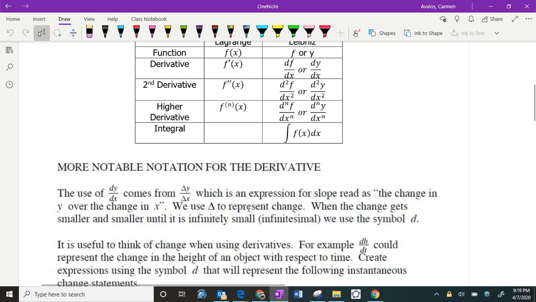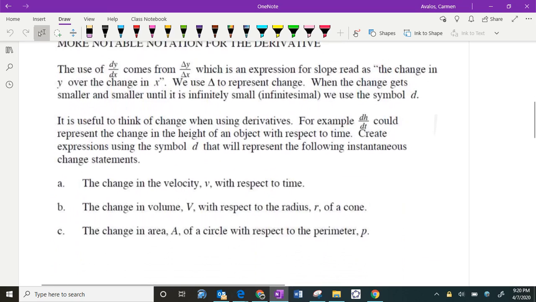So here, for example, this could be the change in the height as time is changing. So we know how time is changing, and we also know how the height is changing. So this is the fixed one. The denominator, the time, is the fixed one. H is the one that we now need to know what's changing.